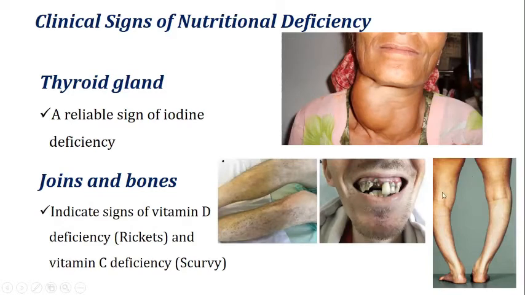Rickets and scurvy are not common in Sri Lanka. So these are the known and most commonly used clinical signs of nutritional deficiencies.